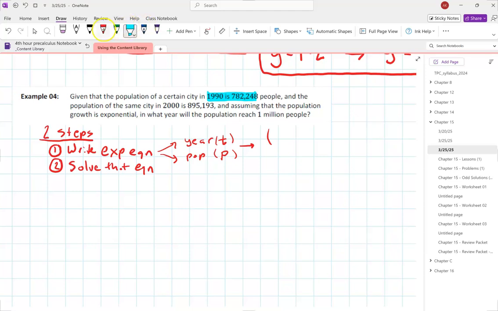The first point would be 1990, comma, 782,248. And the other would be 2000, comma, 895,193. Everybody feel okay there?